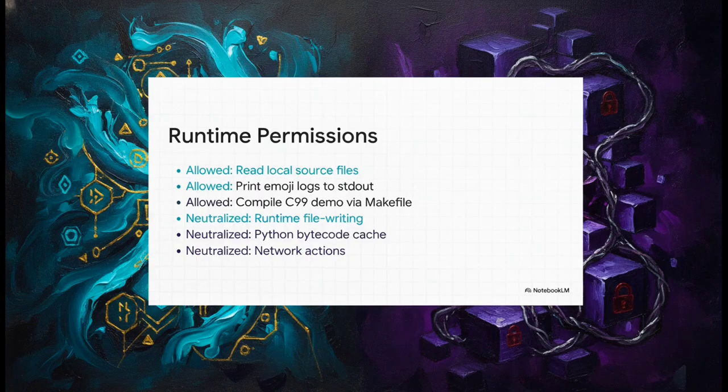And that is it. On the neutralized side, the restrictions are absolute. No file writing whatsoever. Even the standard Python bytecode cache, those temporary files your computer usually saves just to run scripts a bit faster, is explicitly blocked using environmental variables. Network actions, completely neutralized. It is a 100% sovereign, closed-loop environment.